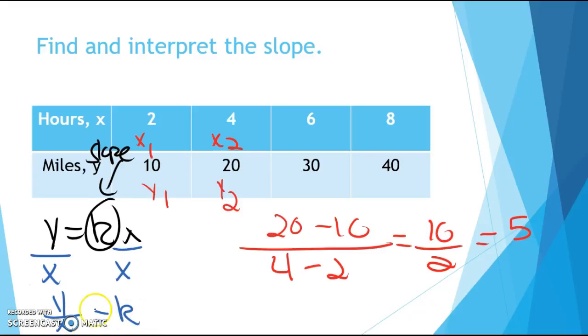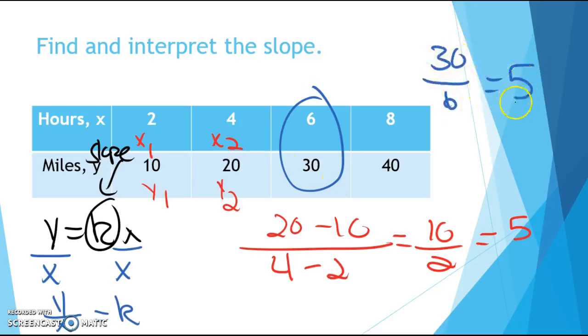So when we have y over x, I can take any y value, and then I can take the x value, divide them by each other, and I can get my slope. So let's take this 6 and 30, for example. 30 divided by 6 is 5, which is my slope. It's also my k value. That's what we learned from when we were talking about direct variation. So that's two ways to find the same answer in this type of problem. Another thing that you'll notice is that if you find the slope of each of these points, they're all going to be the same.